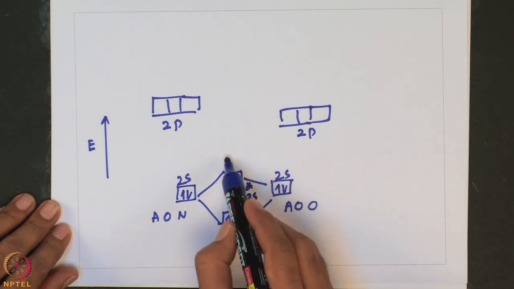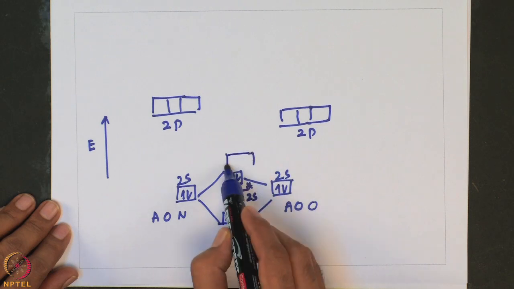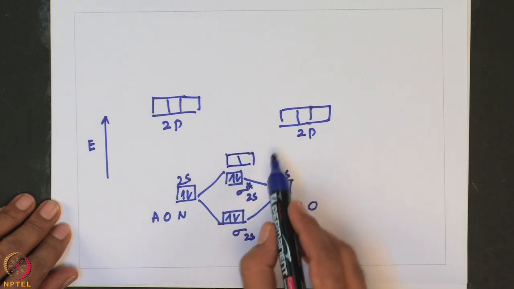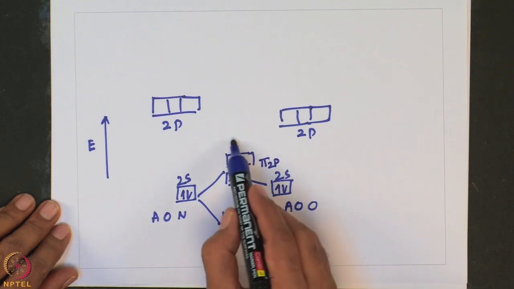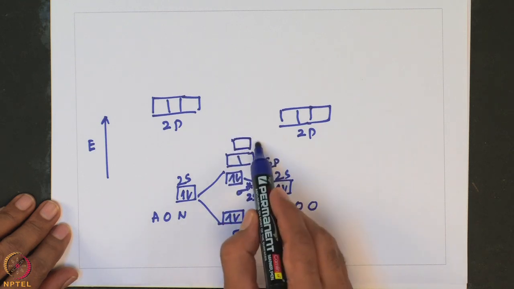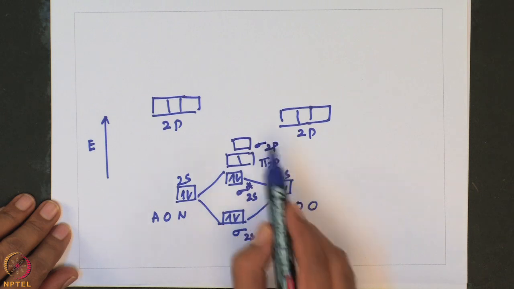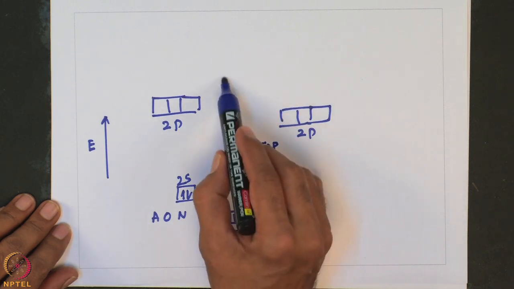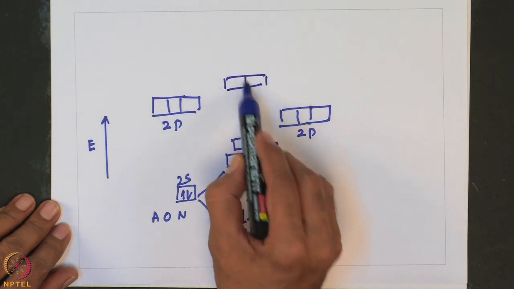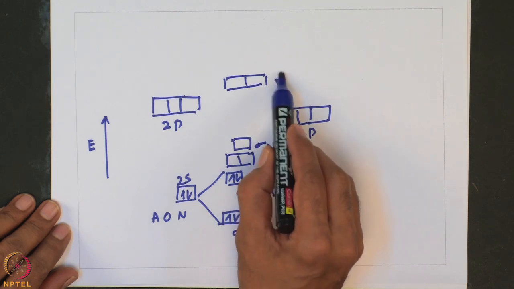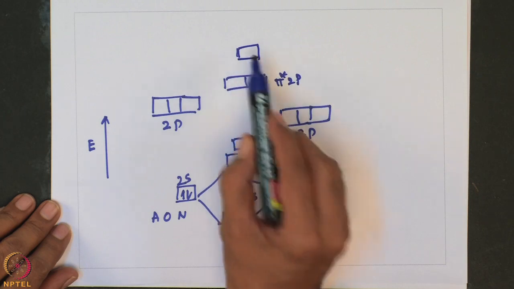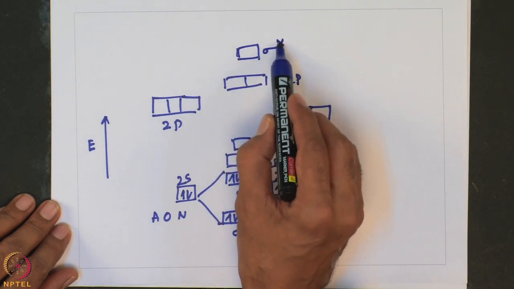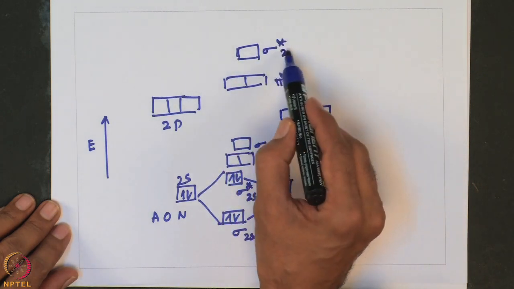Now, first what we have here is pi 2p and then we have sigma 2p and then we have pi star 2p and sigma star 2p.